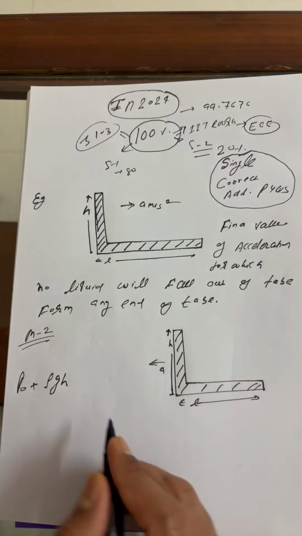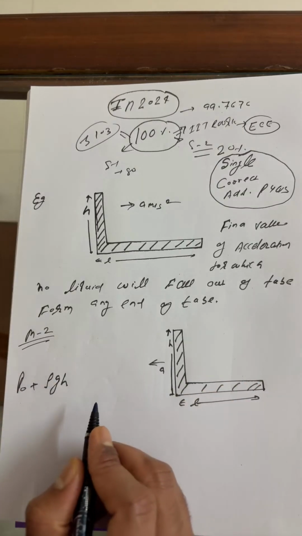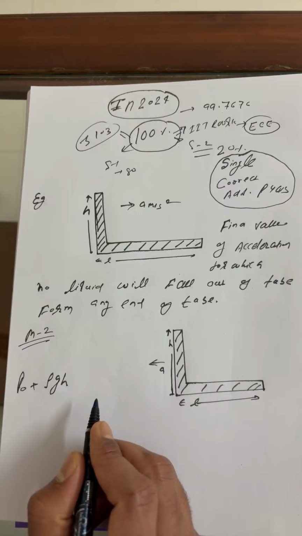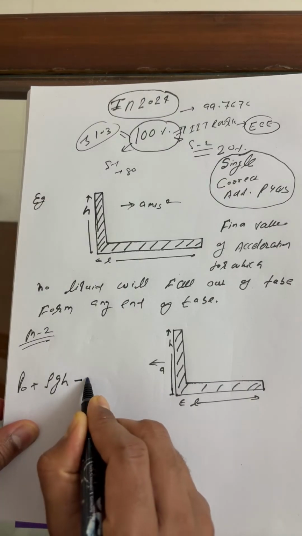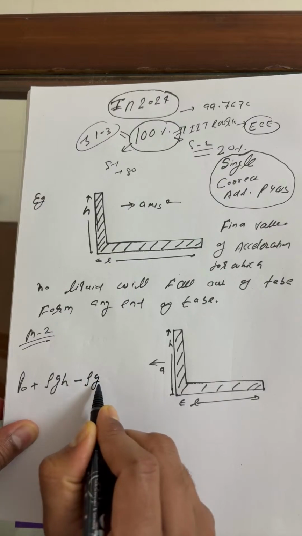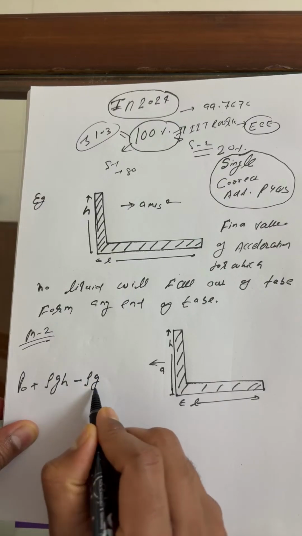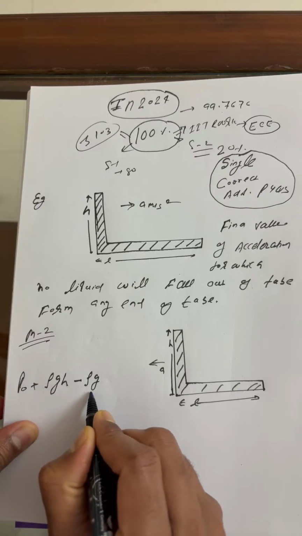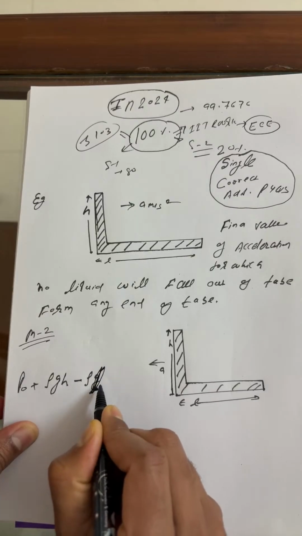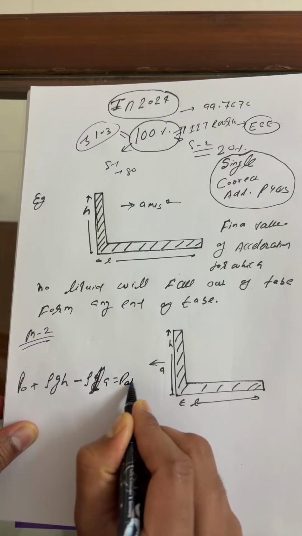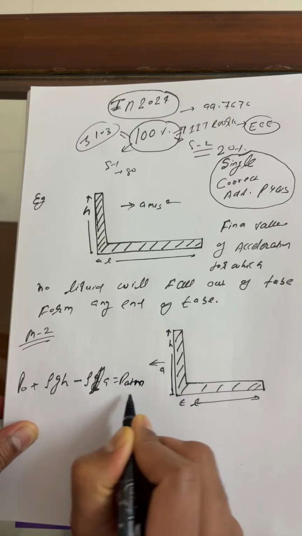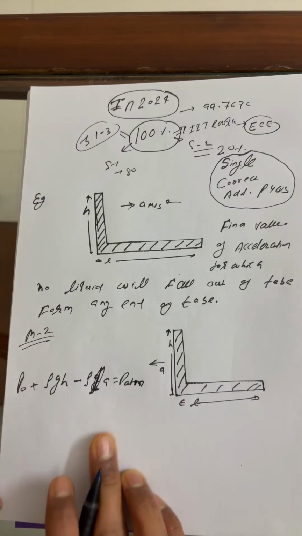Just now I finished, I can say, if the container moves in the horizontal direction, already I said the formula: minus rho L A. So rho L A is equal to what? Pressure ATM only here, right?